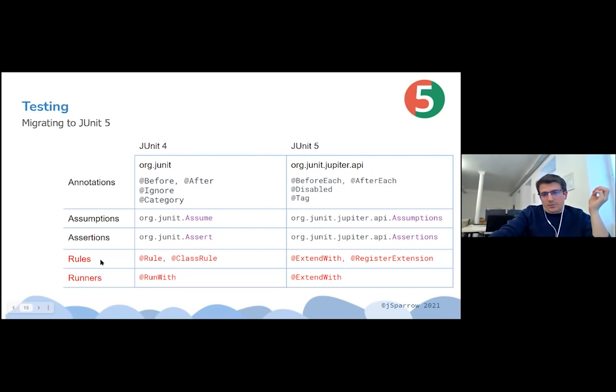That's because in JUnit 5, there is very limited support for JUnit rules that we used to have in JUnit 4. Should we decide to transition anyway, we would have to re-implement the rules that we have defined with @ExtendWith and @RegisterExtension.